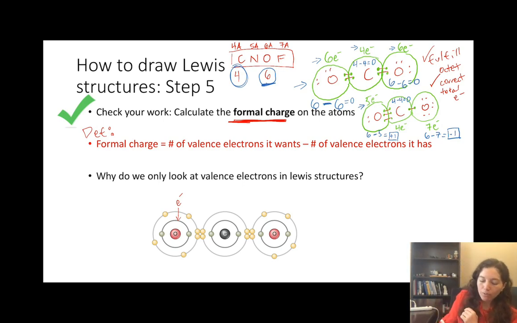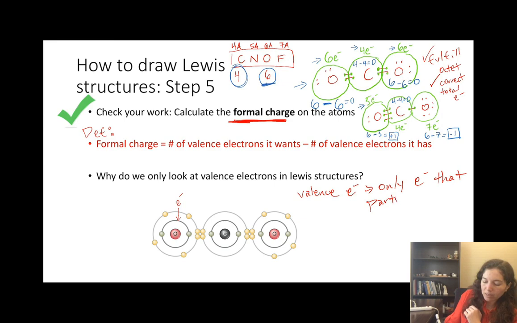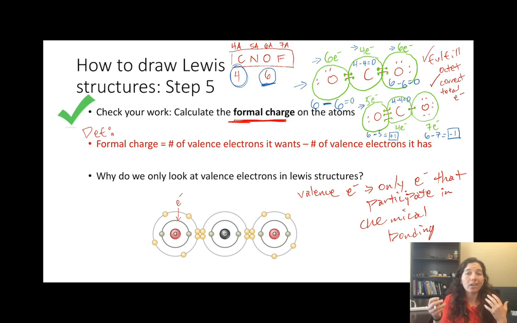So valence electrons are the only ones that participate in chemical bonding. And when we're looking at structures, we're looking at all these chemical bonds.